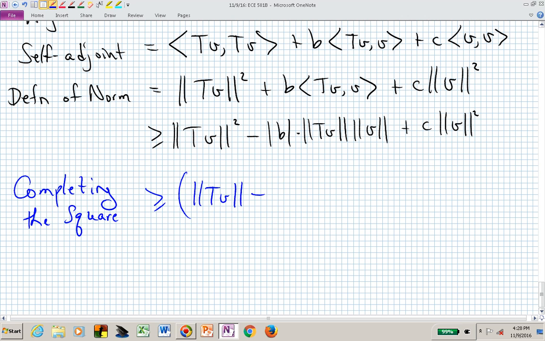And I'm already getting the norm of TV. That's my x, right? So I now need to have the absolute value of B, the norm of V over 2, and I'm going to square that. Is that okay? So that if I square that, I will end up in the second term taking 2 times B, norm of V, norm of TV.